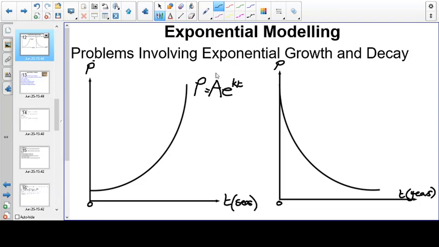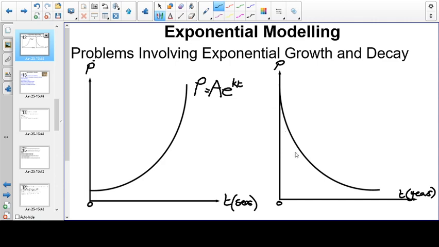So this is showing exponential growth. There might be a constant, and this could be negative. If you've got a negative value here, then the shape of the graph is like that. The main part of the formula will involve this.